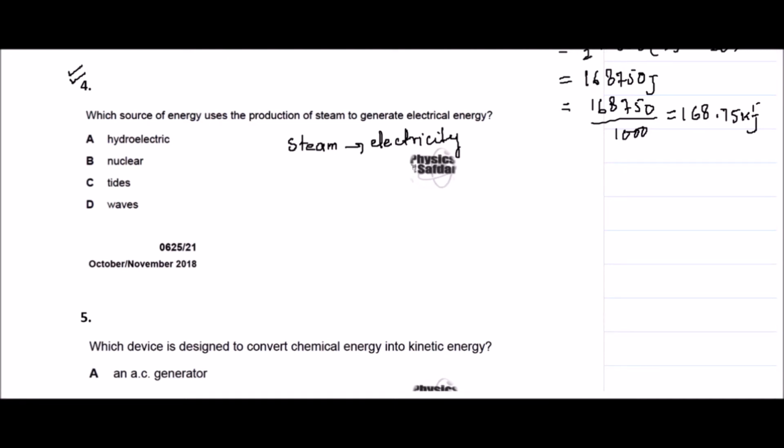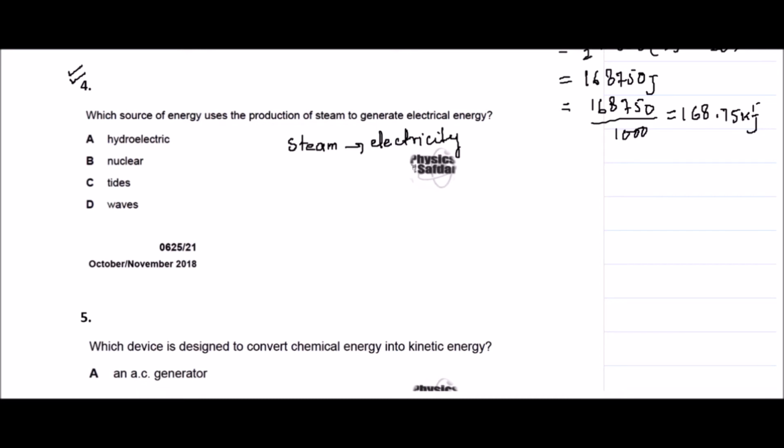You know well, water flowing down from the lake turns the generator, so there is no use of steam in this process. Look at option B, nuclear. You know well, in nuclear reactors, a nuclear reaction takes place. Because of that, a big amount of heat is produced, and that heat is used to boil water, convert it into steam, and steam turns the turbine and electricity is generated.